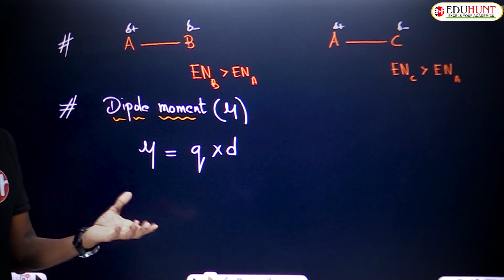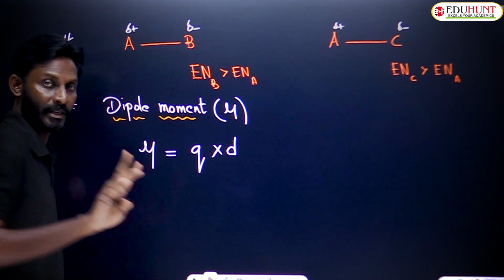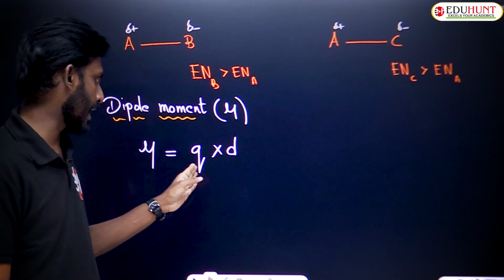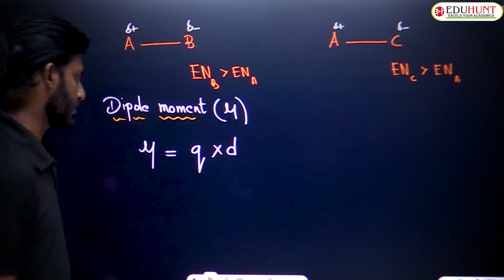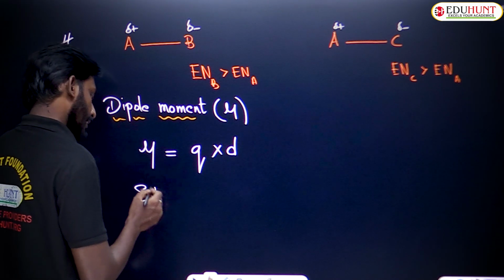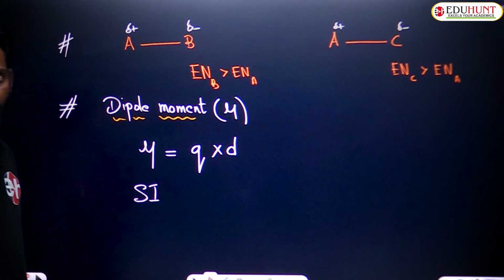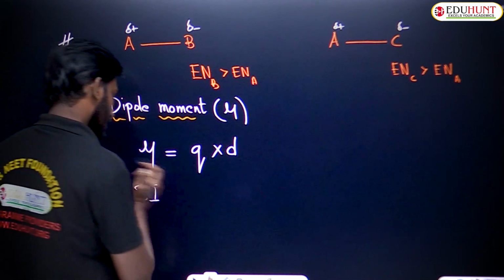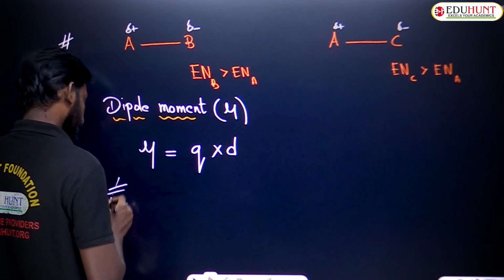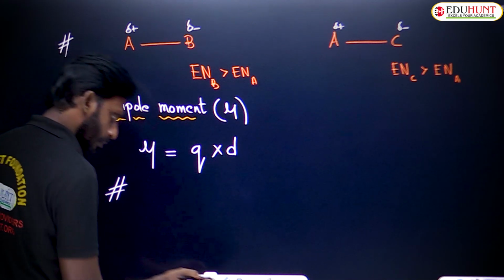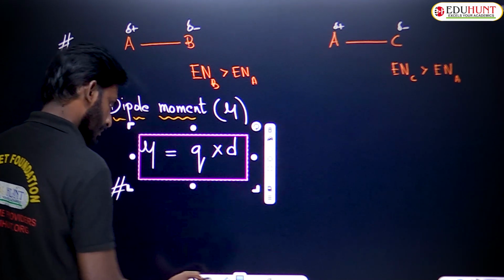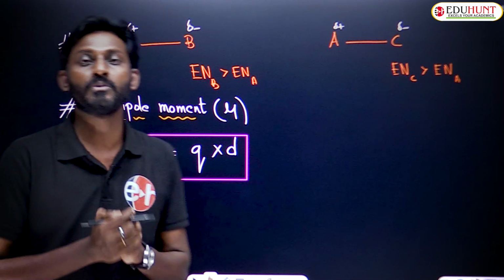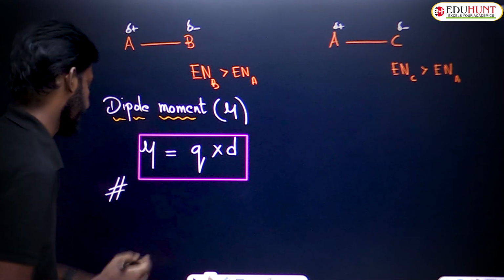Now coming to the units, in the SI system, the unit must be the charge unit into the distance unit. This dipole moment is measured in units called debye.